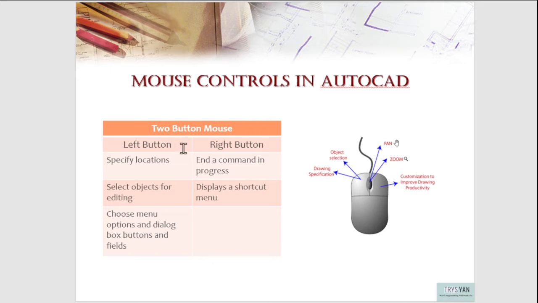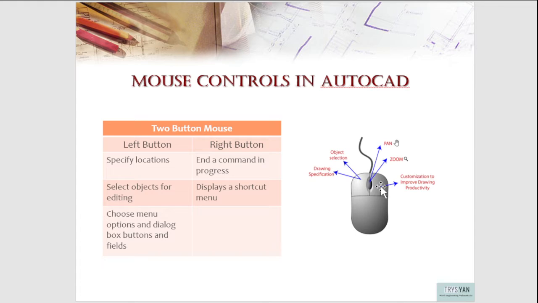So we have left button. Ayan, so sa left button, we can use it to select object, specify locations, select objects for editing, choose menu options and dialog box buttons and fields. So, lipat naman tayo, right button.